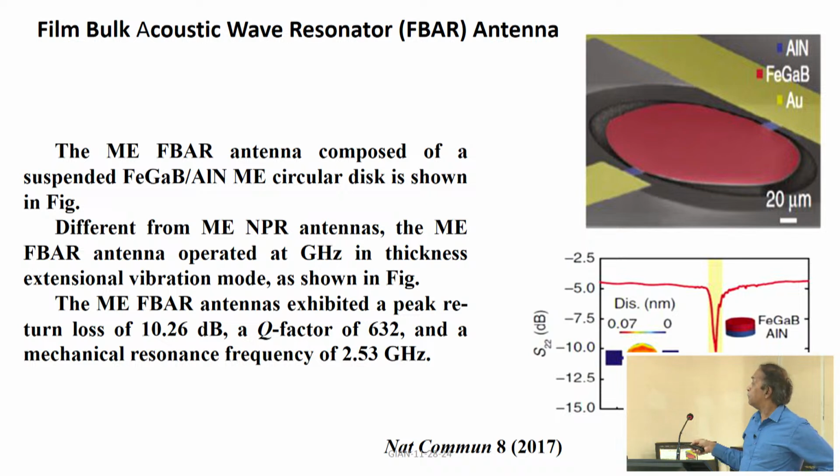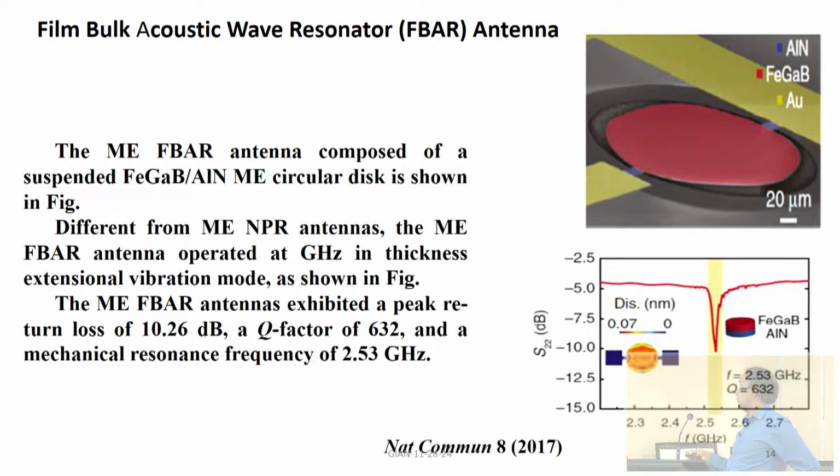So, it is a 2.53 gigahertz antenna, and the resonance is pretty sharp with a Q value in excess of 600, and so this is, they call it FBAR antenna. We did not do it, but our collaborators at Northeastern University in Boston are able to demonstrate this miniaturization.